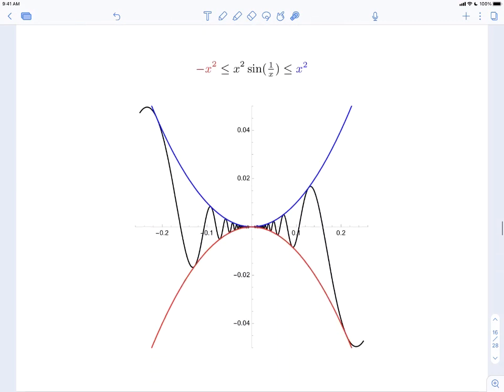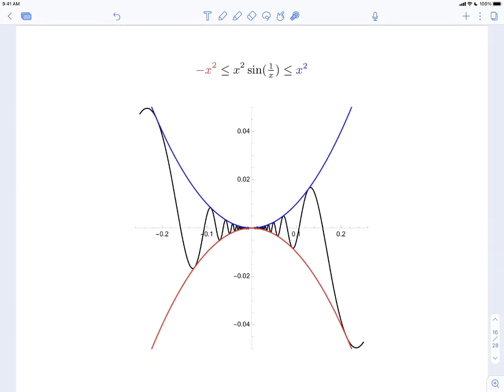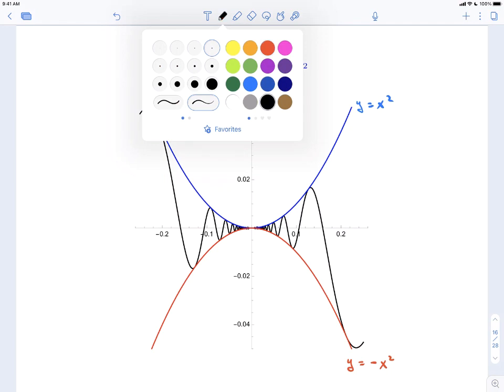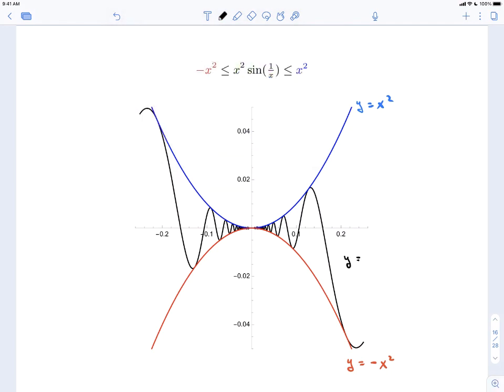Let's look at some graphs here. So here we have a graph. The blue curve is y equals x squared. The red curve is y equals negative x squared. And the curve in the middle is y equals x squared times sine of 1 over x.